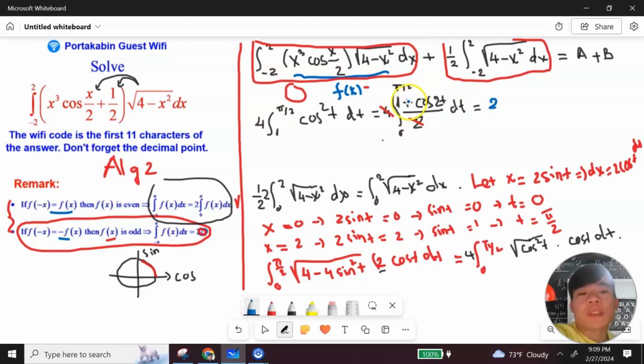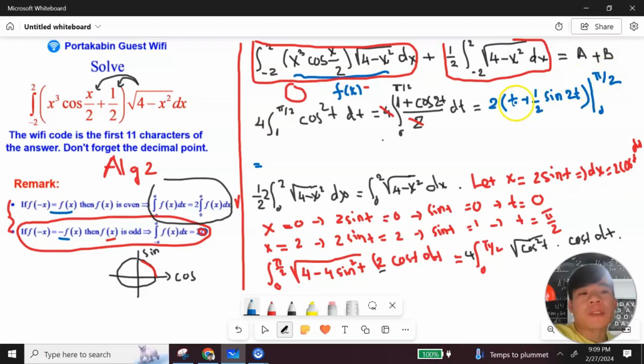Now for this one, we need to check the integral. The antiderivative of 1 should be t. The antiderivative of cosine 2t is going to be plus 1 half sine 2t, and then evaluate it from 0 to pi over 2.